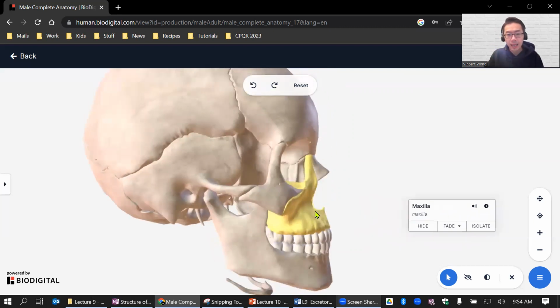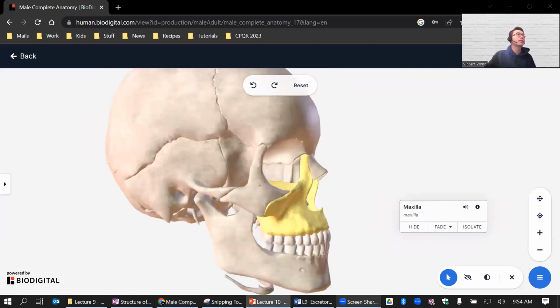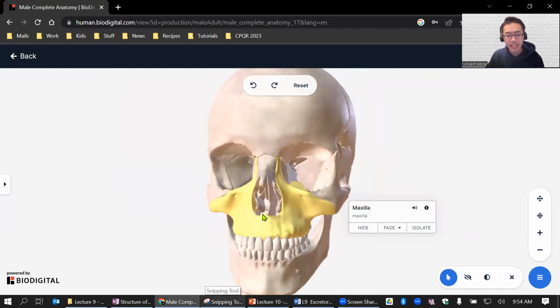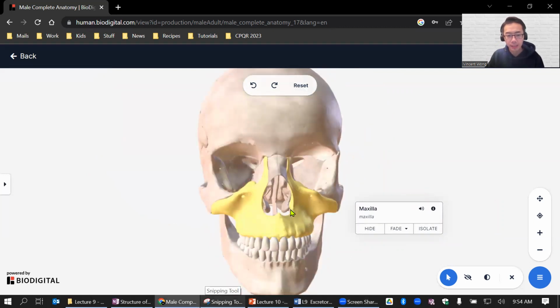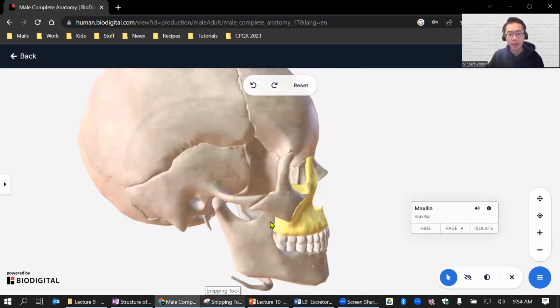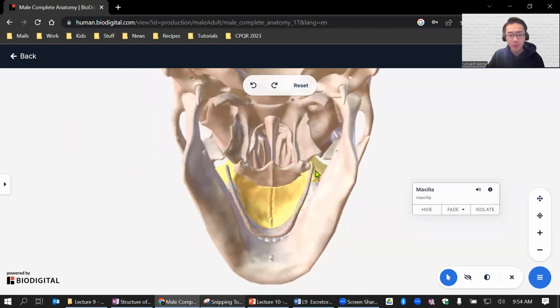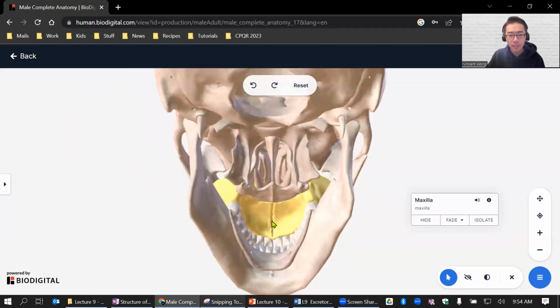The maxilla is actually two bones that are fused together. You can't really see the fissure here, but it is two separate bones. If I look at the bottom of it, it forms the front of your hard palate.